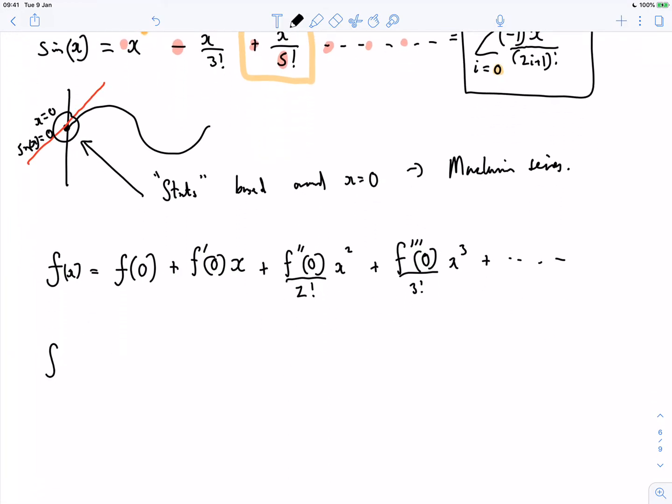And if you want to, f of x in terms of Maclaurin would be the infinite sum, from i goes to 0 up to infinity, of f to the i of 0 times by x to the i over i factorial.